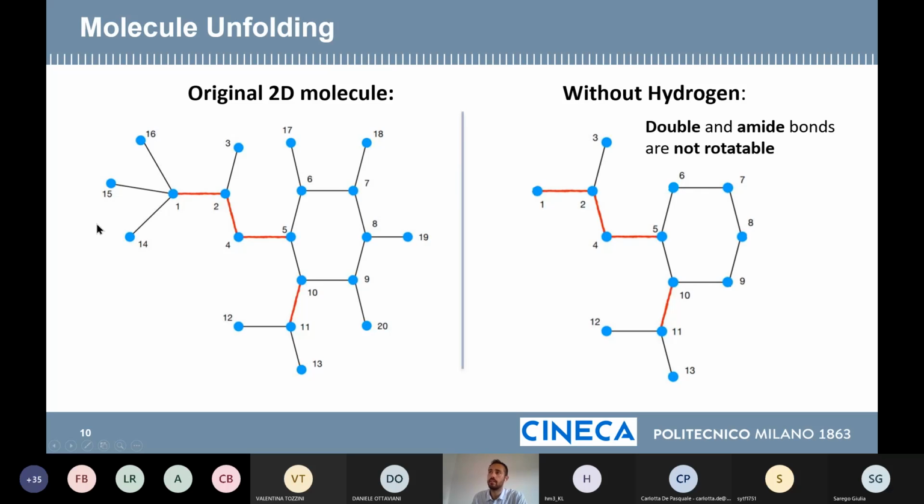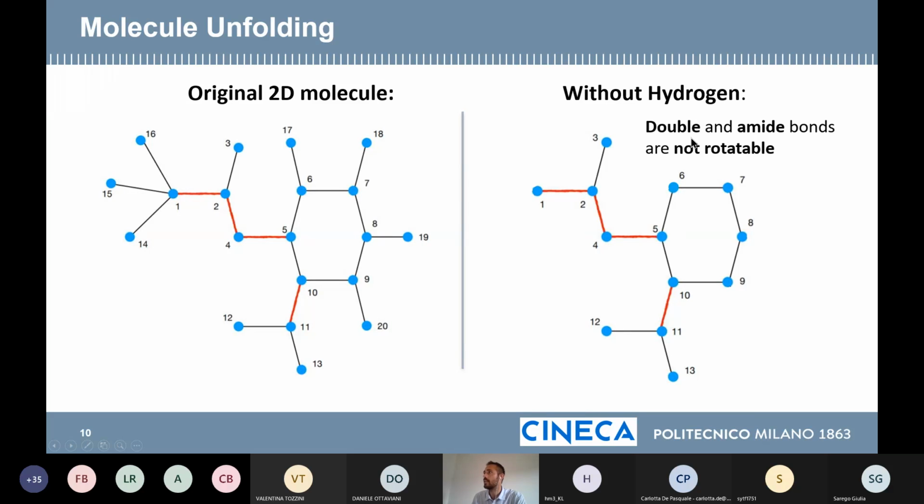To simplify the molecule, you can eliminate the hydrogens that are always the most external, the endpoints, the most external atoms, since optimizing them doesn't vary the global volume too much.